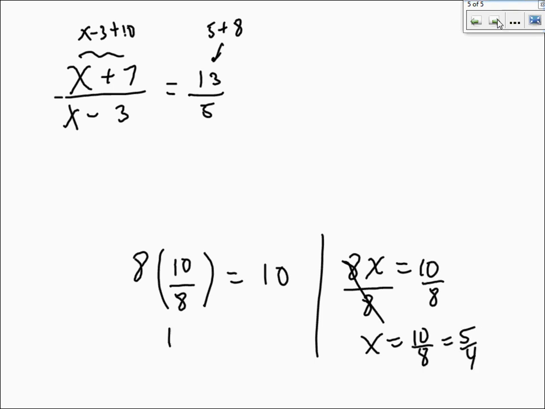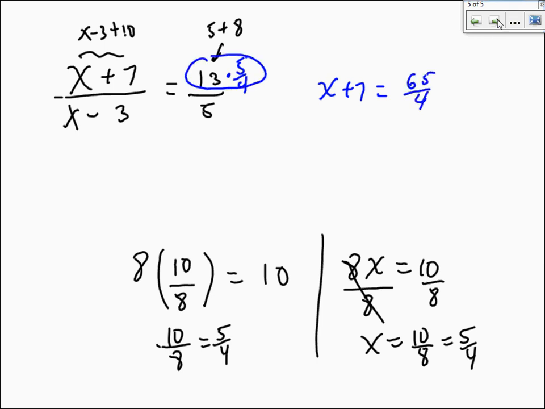Just like over here, I got 10 over 8, but that's 5/4. So you can save time by multiplying the top by 5/4. That is, x plus 7 must be 65 over 4.